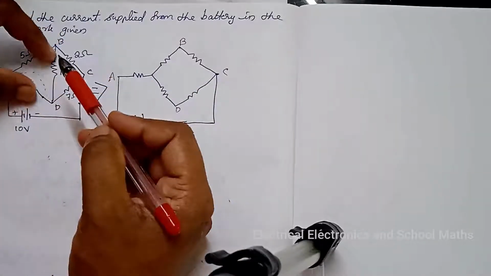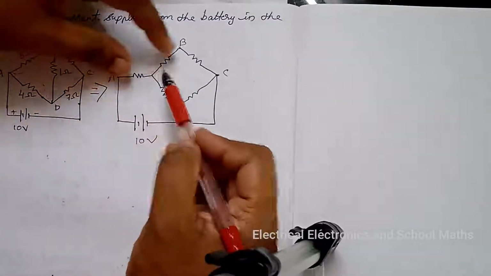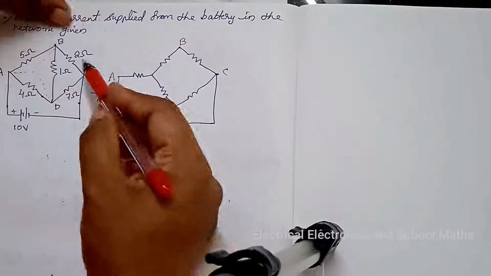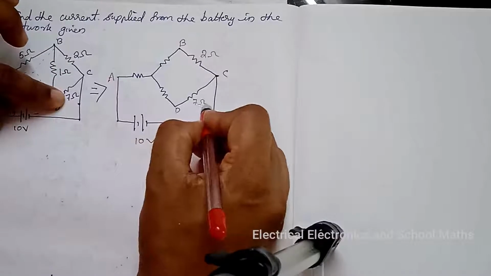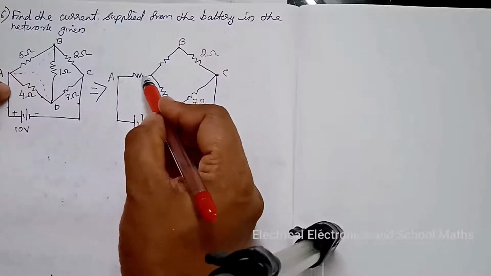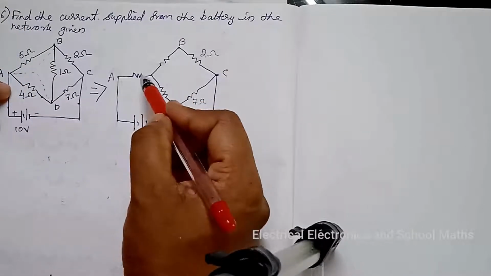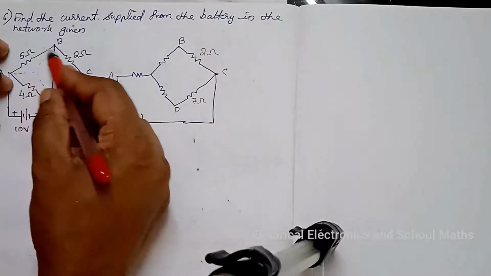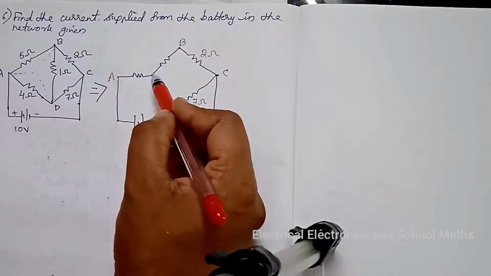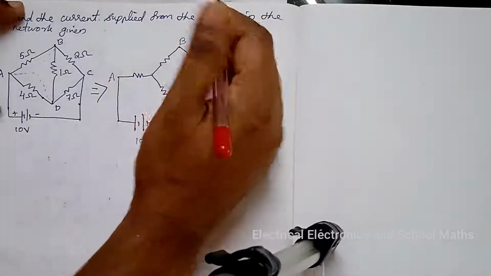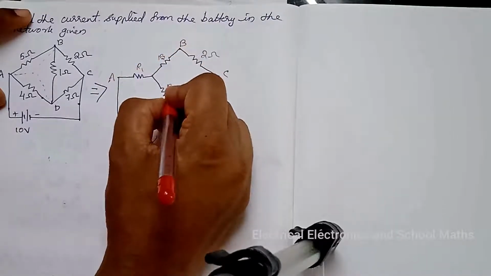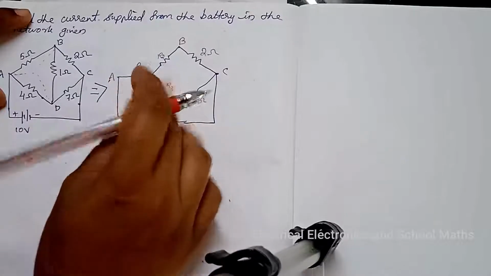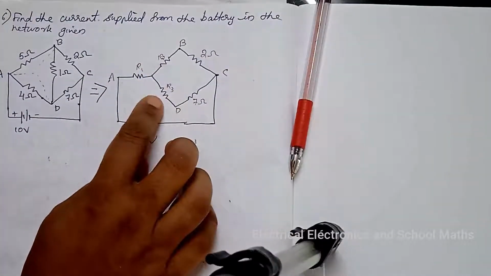That is, this delta is transformed into a star connection and the remaining 2 ohm and 7 ohm resistors are there. We have to find the values of these three resistors by transforming this delta into star. Let R1, R2, R3 be the resistors. We have to find the values.